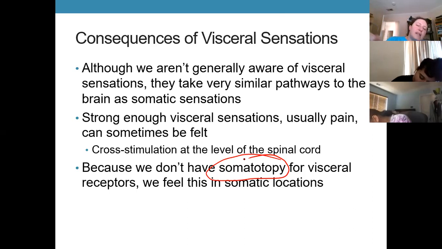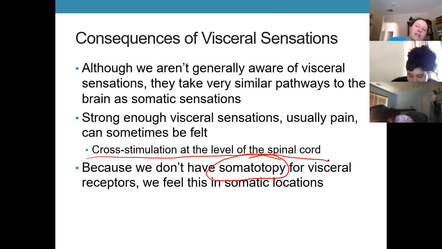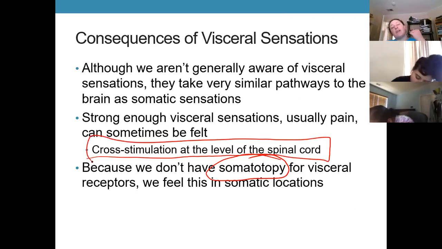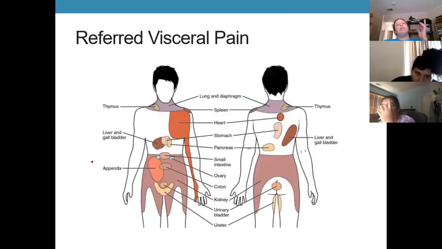The other reason is that there can be cross-stimulation of sensory input at the level of the spinal cord. So visceral sensations that enter the spinal cord at the same level as somatic ones can be confused for each other. And so the result of that is something called referred pain.